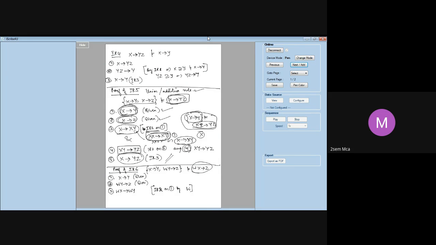Now you see 3 and 2. Wx determines wy. Wy determines z. So I can always write wx determines z. That is what we should arrive at. This is by IR3, transitivity, applying on 2 and 3.